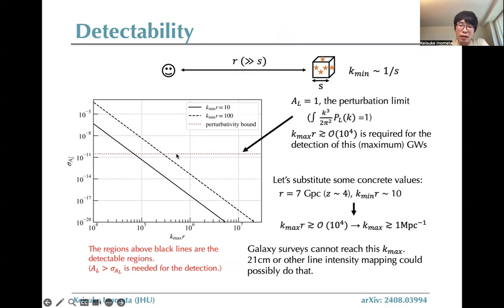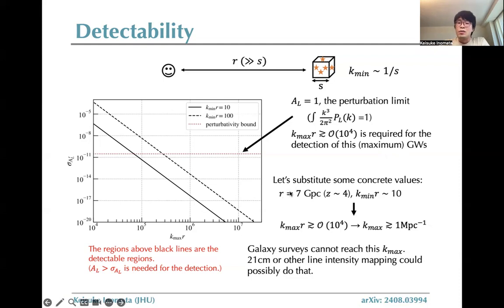And we can see that this line crosses the black solid line around the order 10 to the fourth. So this means that K max R must be larger than order 10 to the fourth for the detection of these maximum gravitational waves. Let me here substitute some concrete values.